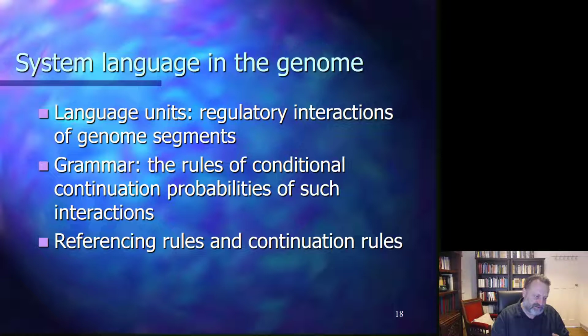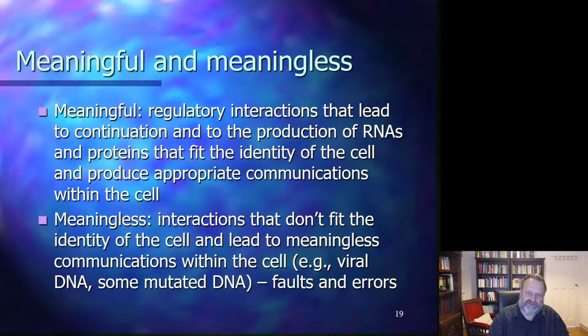And we showed that the referencing rules are the ones which tell you what previous molecular interactions in the genome are required for a certain molecular interaction to take place. And the continuation rules tell you the other side: given a set of molecular interactions that take place, what are the possible continuations, what other molecular interactions may take place, and what are the probabilities of these possible continuations. So all these together constitute the language, the system language of the genome.